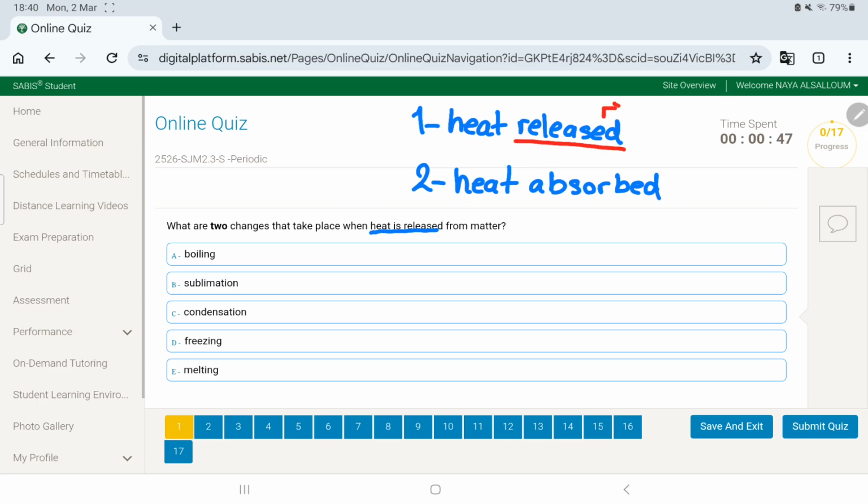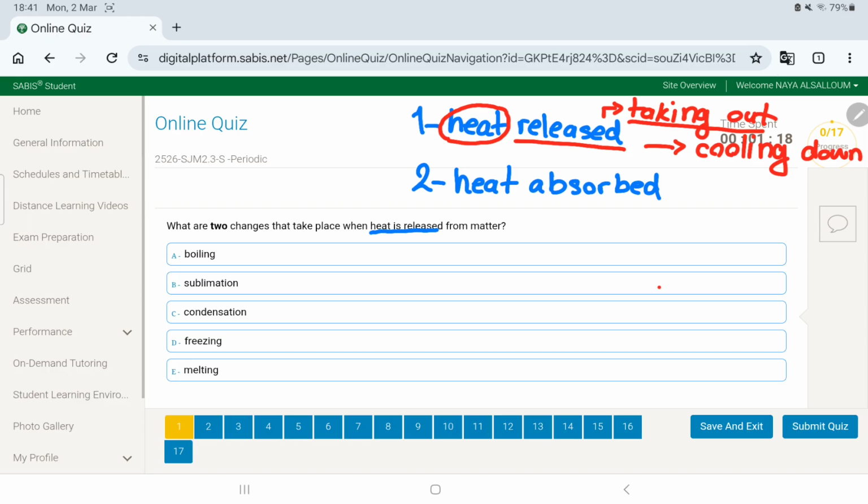You're taking it out. So taking out, we're gonna write here. So now, merge these two together. When the heat is being taken out, that means what's happening to the object? It's cooling down. Okay? So when heat is taken out, the object is cooling down.